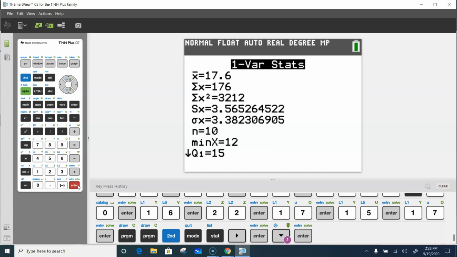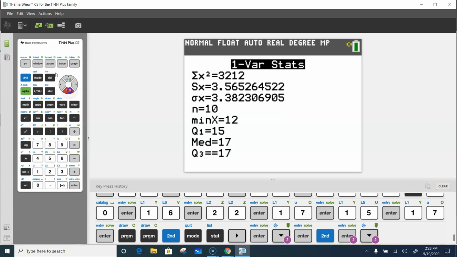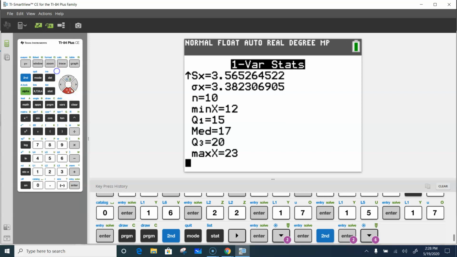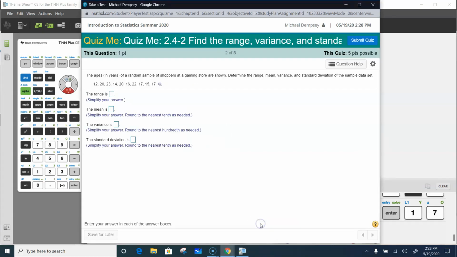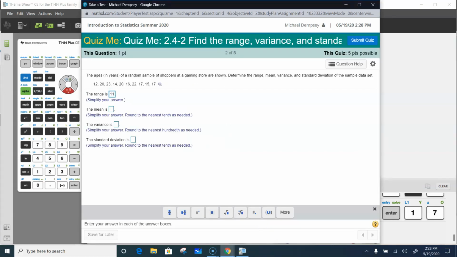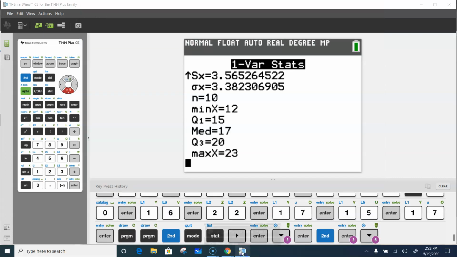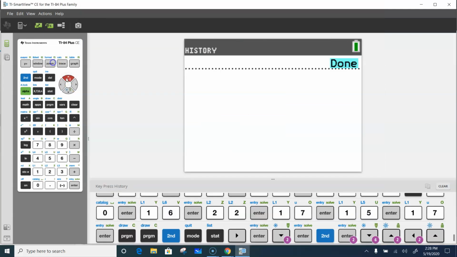And remember, if your list doesn't look like mine, make sure it just says L1 there. The first thing they asked us for was the range. The calculator doesn't give this to us right away, but we can take our max 23 minus our min 12 and come up with a range of 11. The mean is the very first number that they reported to us.